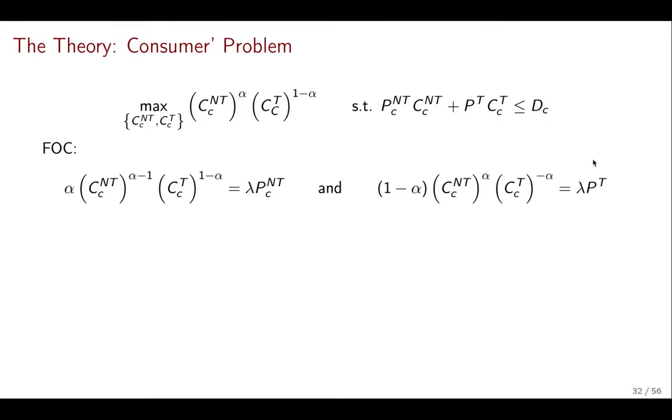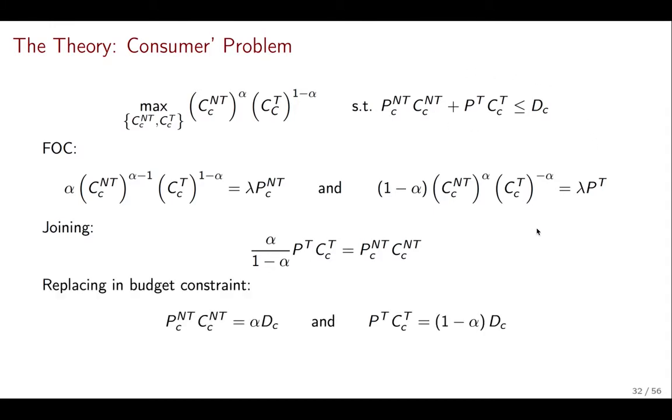Well, the first three conditions, I'm not going to spend too much time on them because we've already done these in our first set of videos on the math review. So you can join them mathematically, and it's going to give you this expression that, if you replace back into your budget constraint, is going to give you the answer, which is that you want to spend a fraction alpha of your total demand in expenditures for non-tradables and the remaining fraction 1 minus alpha on expenditure for tradables.